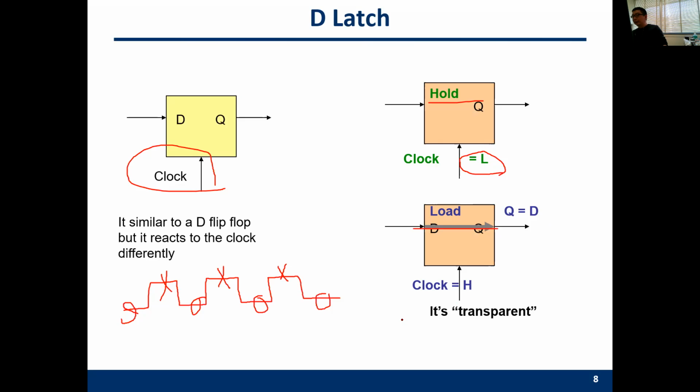So when we have this, this is transparent. Transparent means just load. When we have a D latch, what can we do? We can do some computation here, and then this D latch will load the value here during this half cycle.